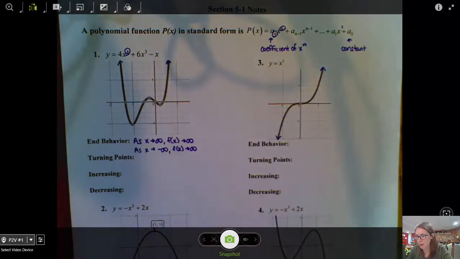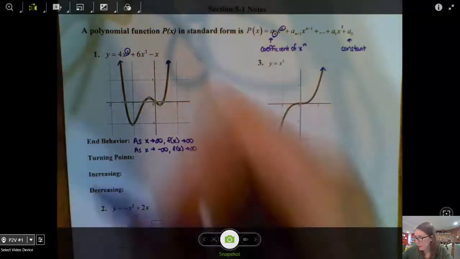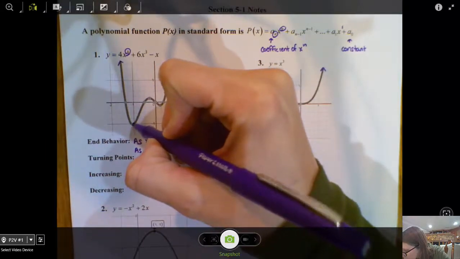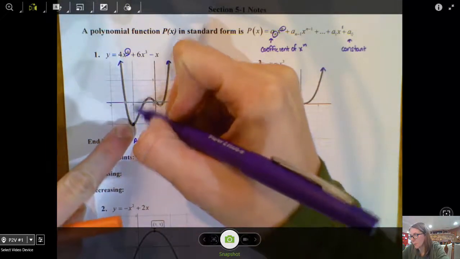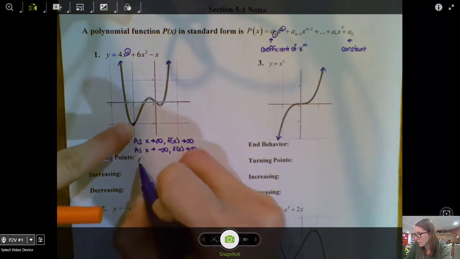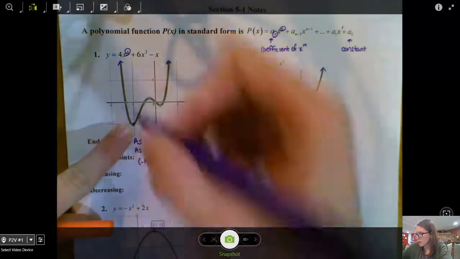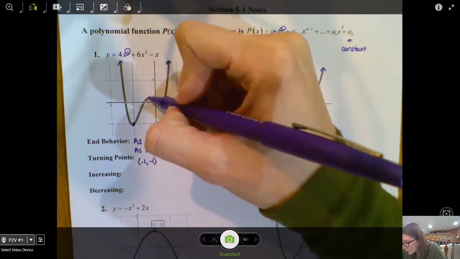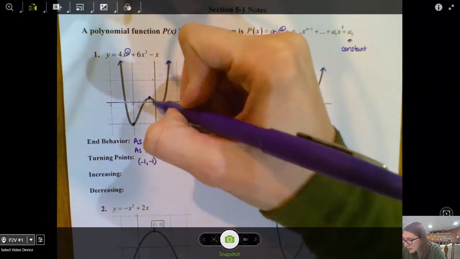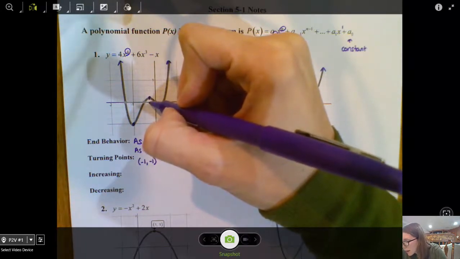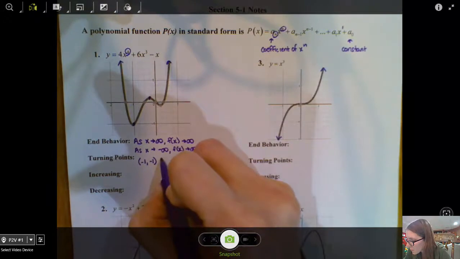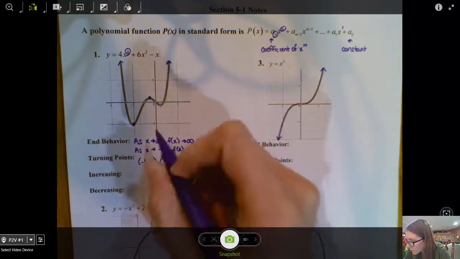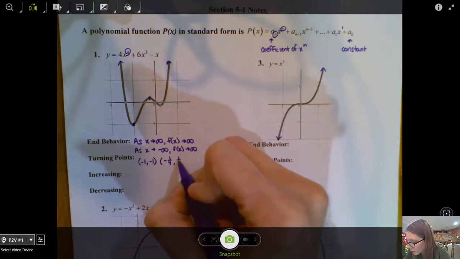All right, now let's describe our turning points. We'll estimate a little bit, just because these turning points aren't exact. But turning points are where your graph changes directions. So I have a turning point here, and I'm just going to estimate this as being -1, -1. And a turning point here, let's say this is -1/4, +1/4.